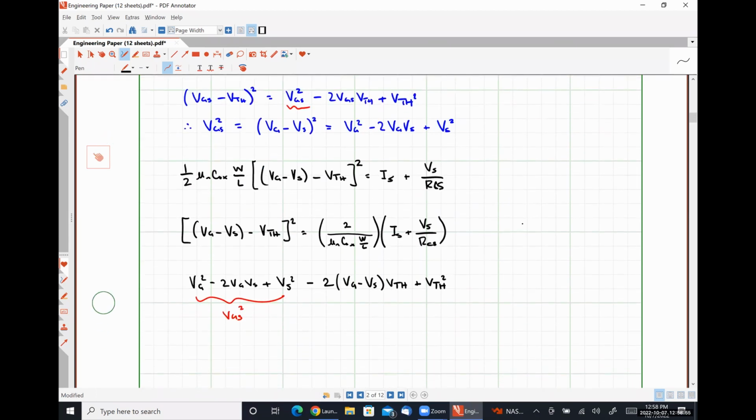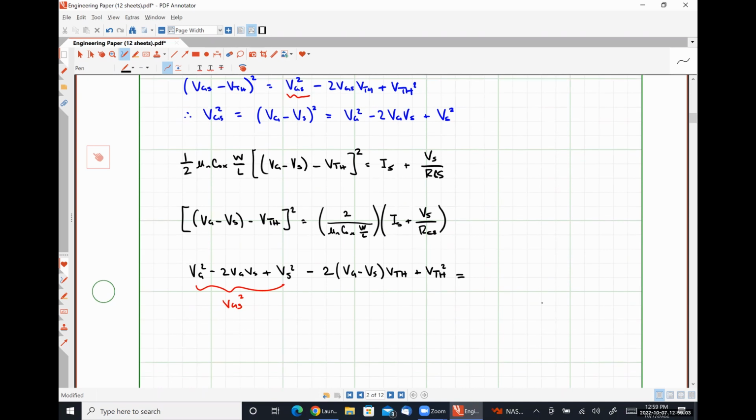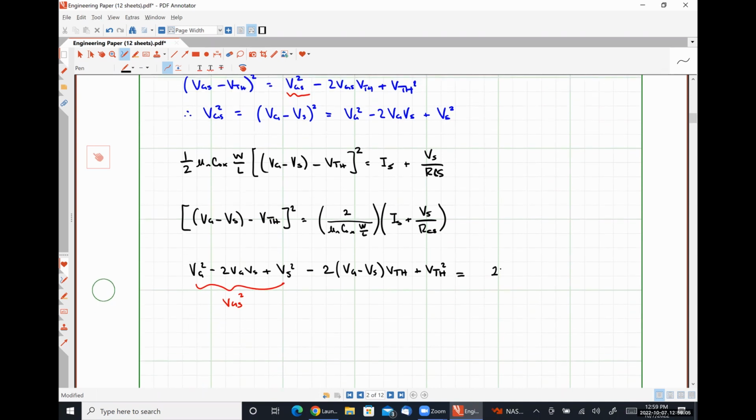And this will equal to, why are you stopping writing, Silas? 2, excuse me, 2IS over mu n Cox W over L plus 2 VS over mu n Cox W over L times RCS. Does algebra make sense?